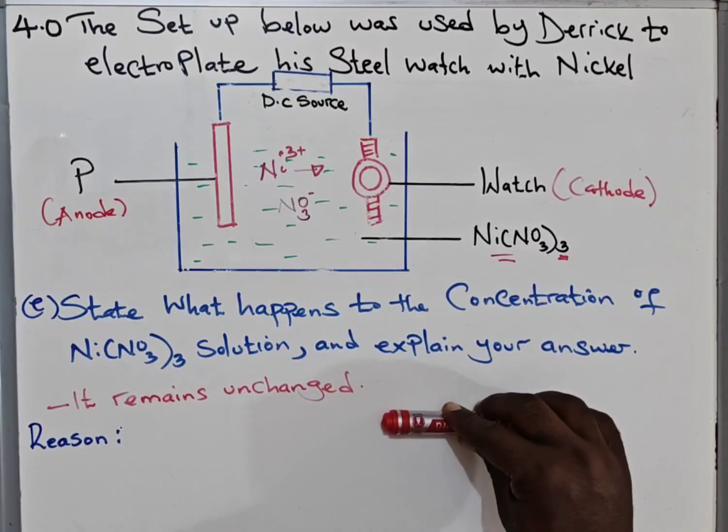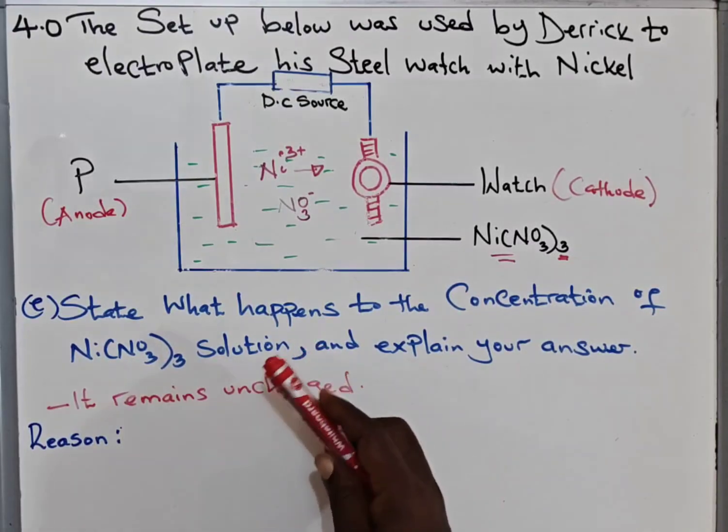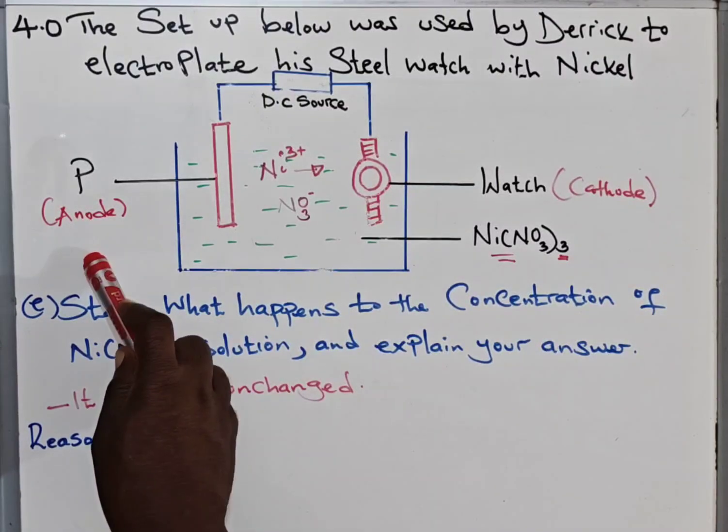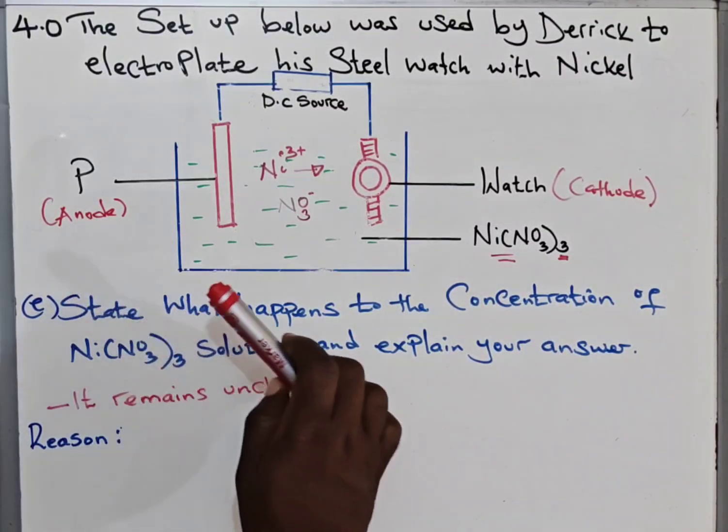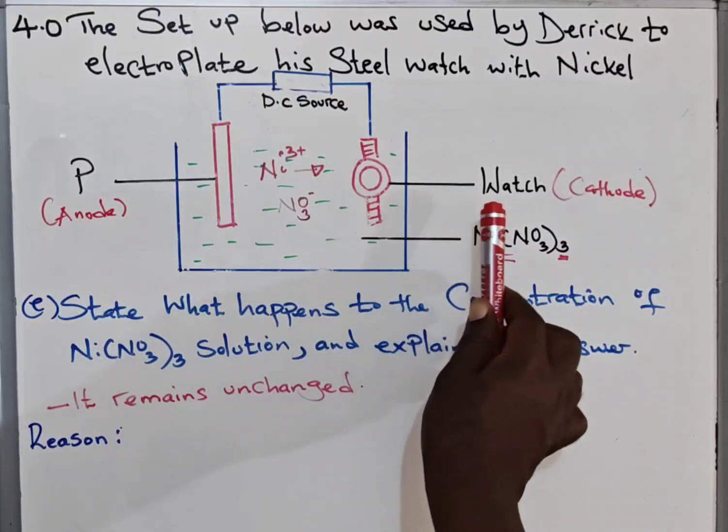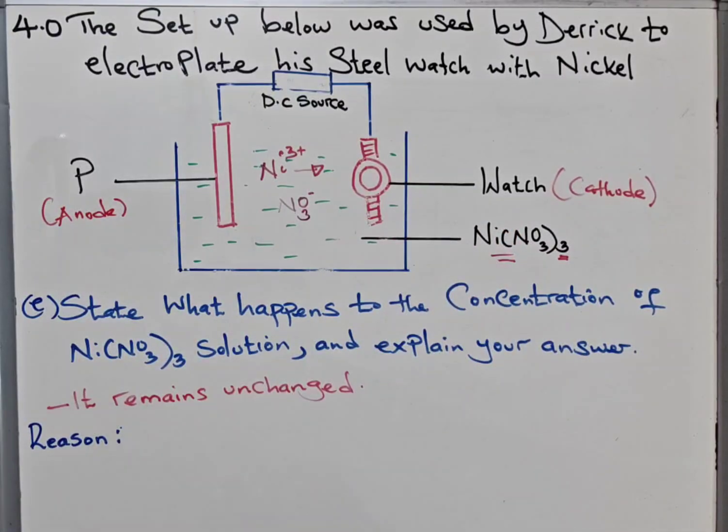The reason is that the rate of oxidation at the anode, which is P, is equal to the rate of reduction at the cathode, which is the watch. So in other words, as ions are coming out of the anode, they are being taken up by the watch at the same rate. So the concentration technically remains unchanged. Why? Because the rate of oxidation is equal to the rate of reduction.